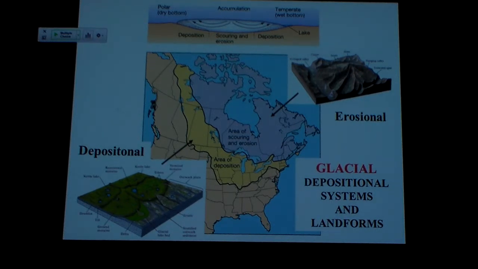So our glacier was erosional back up here over Canada, but by the time it got down here to the lower peninsula of Michigan, in the western part of Michigan's upper peninsula, it had shifted over to being deposition. It just couldn't carry all that debris. There was so much. The ice could only handle so much of it, and it just stopped picking up debris.